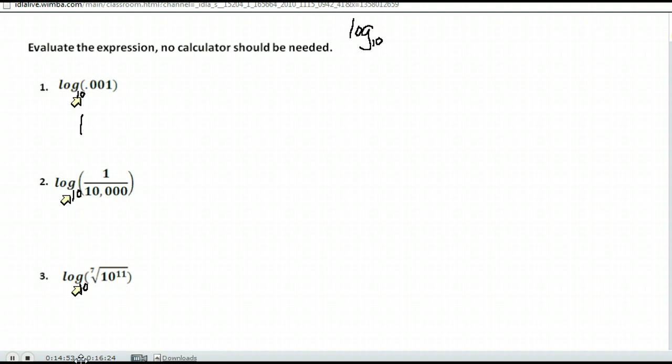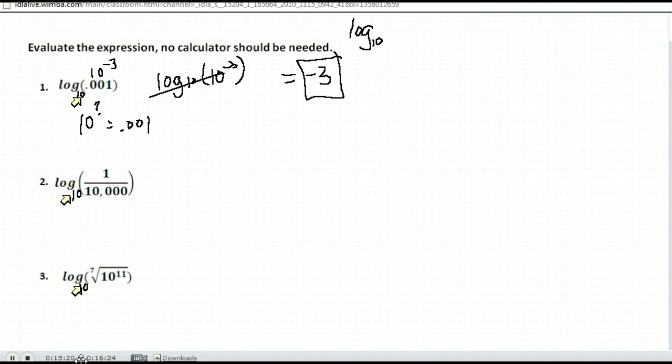So this is asking 10 to what power is 0.001? Well, 0.001 is the same as 10 to the negative 3rd power. So log base 10 of 10 to the negative 3 is just negative 3.